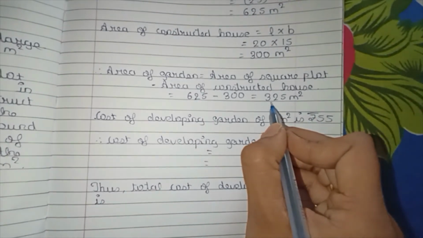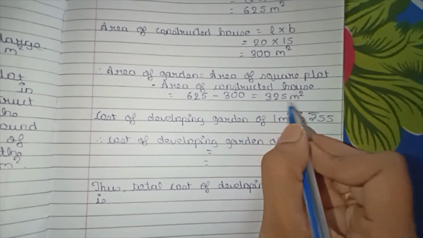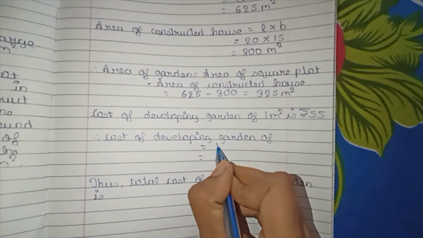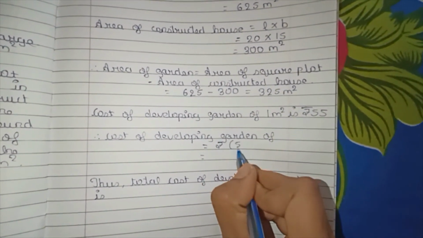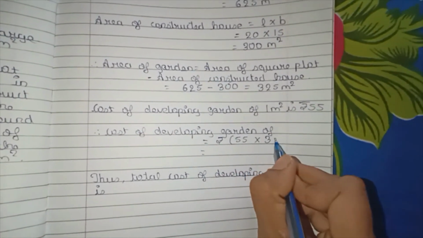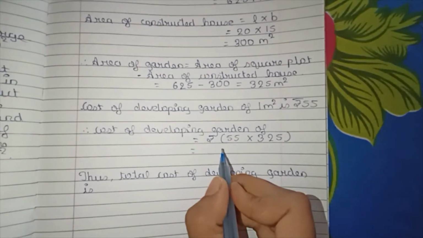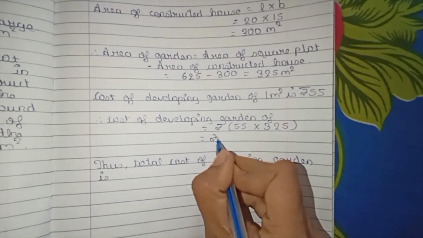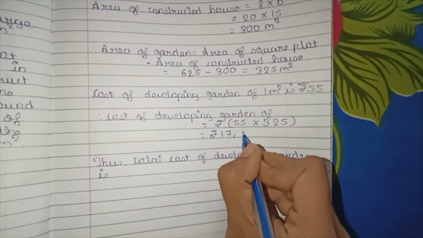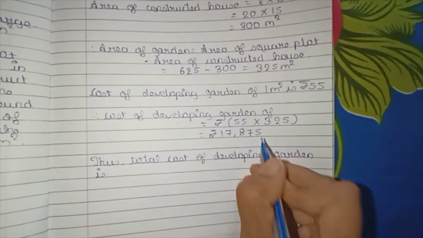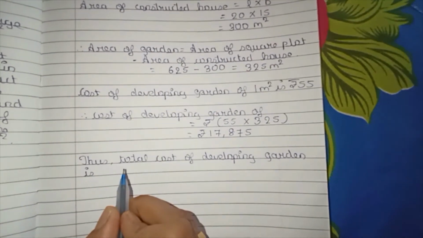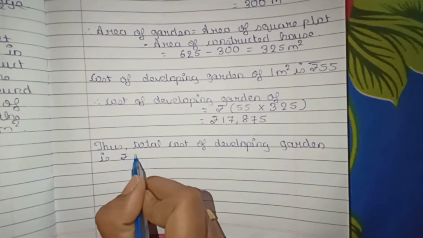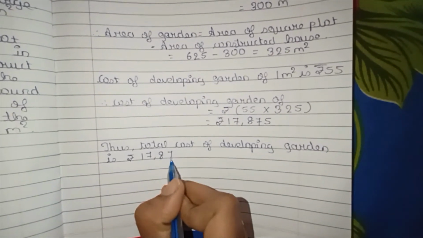So the cost of developing 325 meter square will be 55 multiplied by 325, which gives rupees 17,875. So the total cost of developing the garden is rupees 17,875.